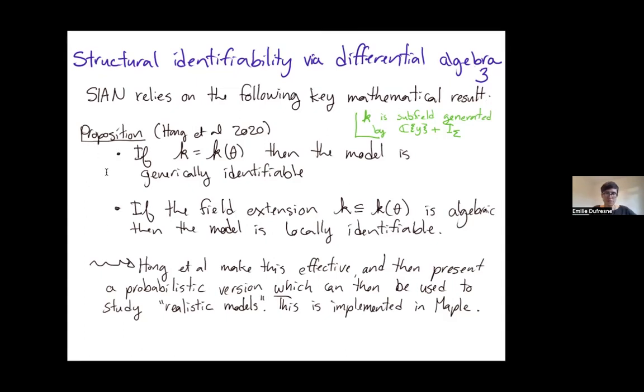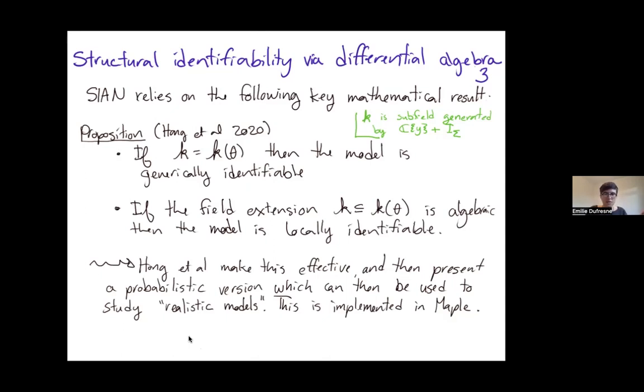So this is very abstract and not yet quite a tool that one can use, but Ong et al. do make this effective, and also present a probabilistic version which can be used on what they call realistic models. And this is implemented in Maple. My models are probably smaller than what they had in mind when they wrote realistic models, but they are real models that were studied in the lab.